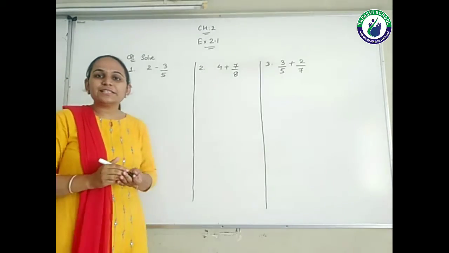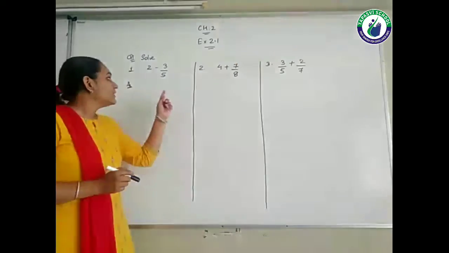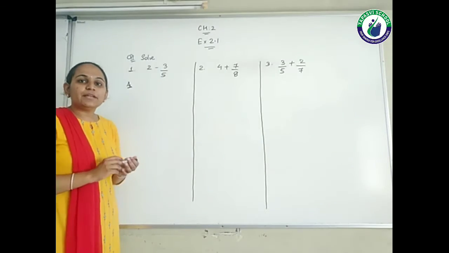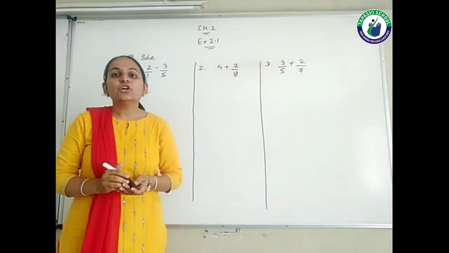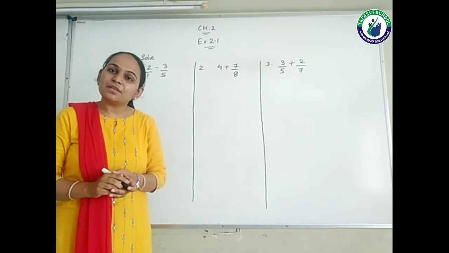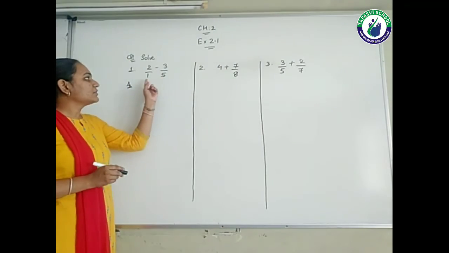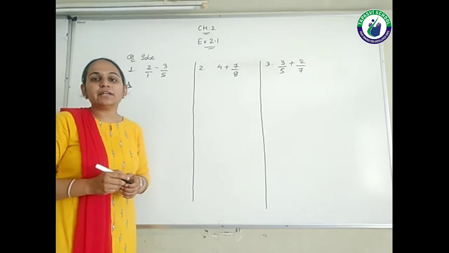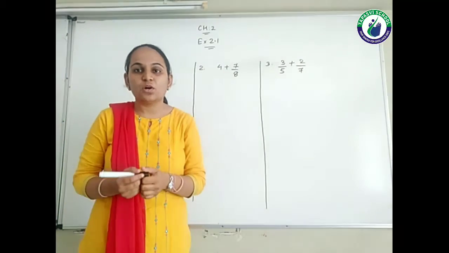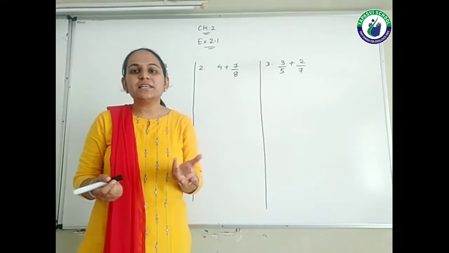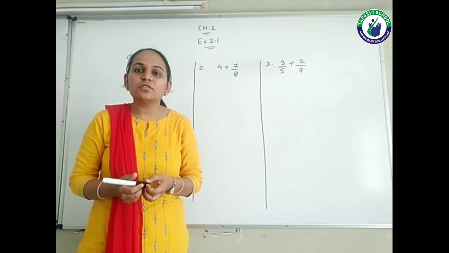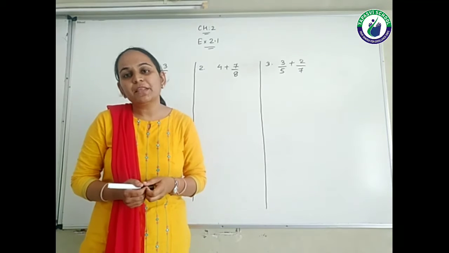Okay students, if you can see here, there is no denominator, so we have to consider it as a 1. Now if you can see the denominators, there is one number that is 1, another number that is 5. Together, the LCM of both the numbers will be 5.